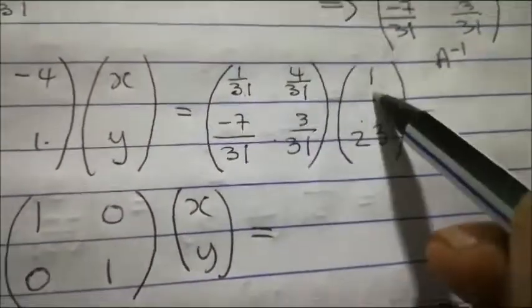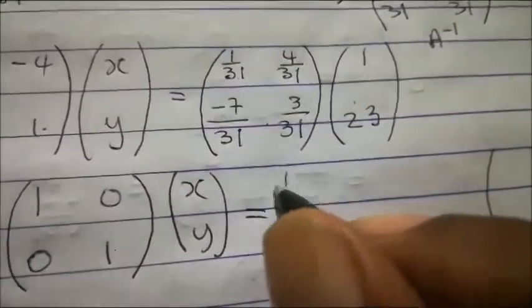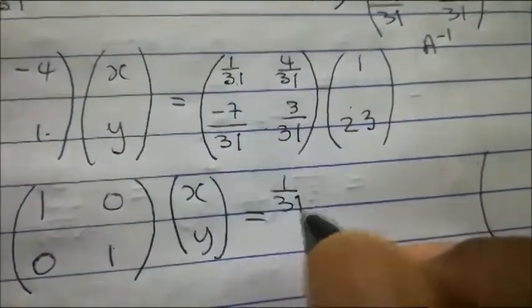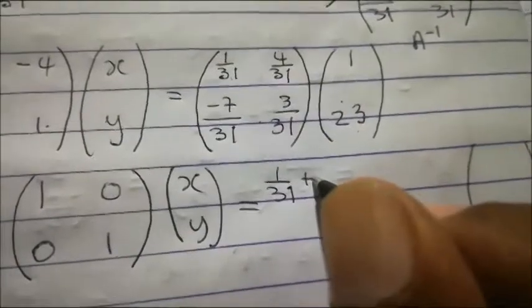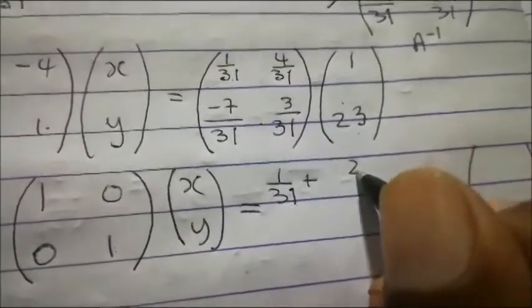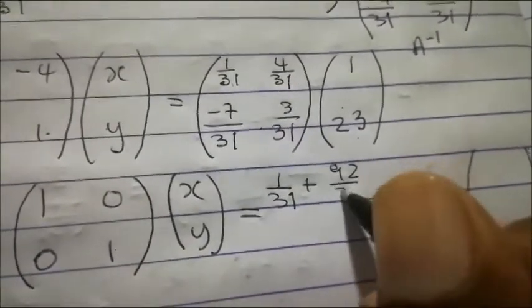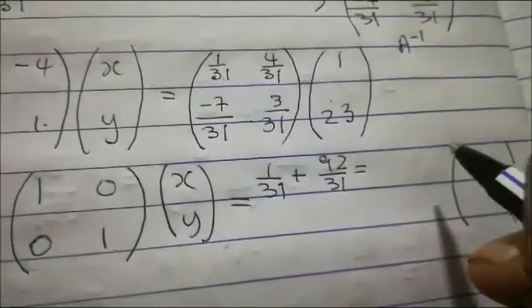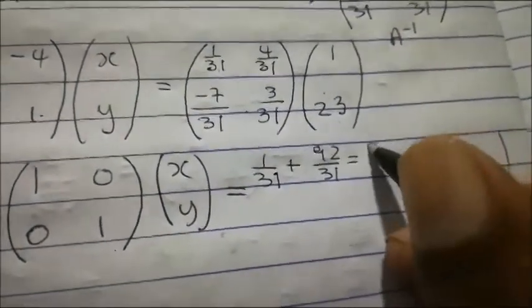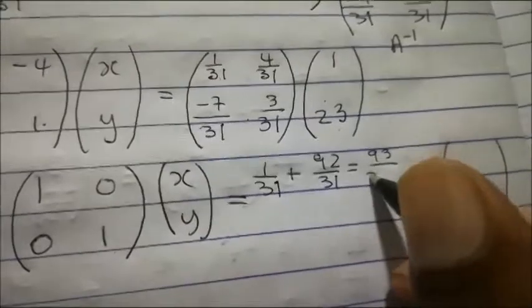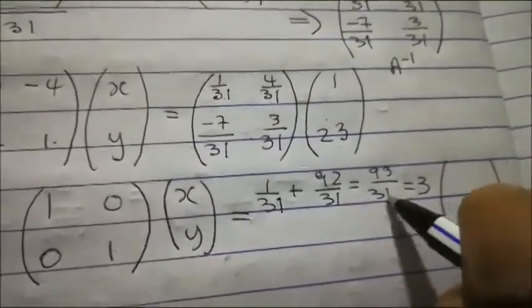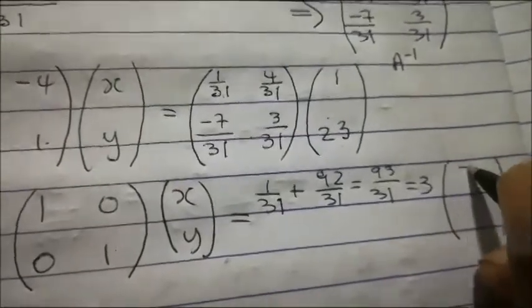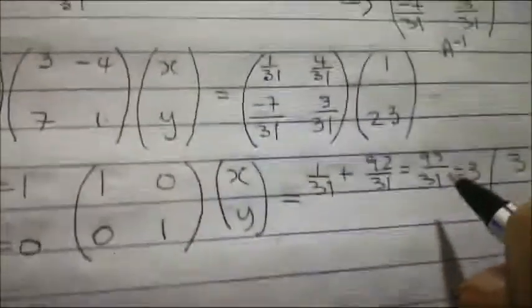This times this is 1 over 31 plus 4 times this, which is what now? 4 times 3 is 12, 4 times 23 is 92, over 31. And that's equal to what? That's equal to 93 over 31, and that's equal to 3, right? Because when you divide this into this, you're going to get 3. So our first number here is going to be 3.